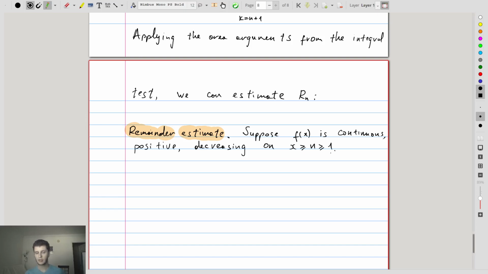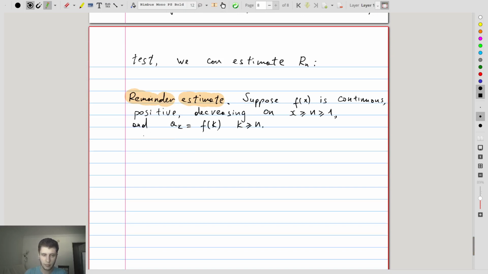So it has these properties starting from some positive integer n. And suppose it generates the sequence a_k by being evaluated at the numbers k. So here k are at least n.